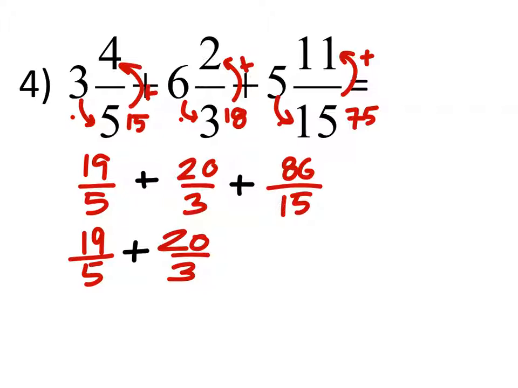So I'm going to add these, and then once I figure out what this sum is, then I will add the 86/15. All right? So changing these denominators into common denominators actually will give us a common denominator with the 86/15 as well.